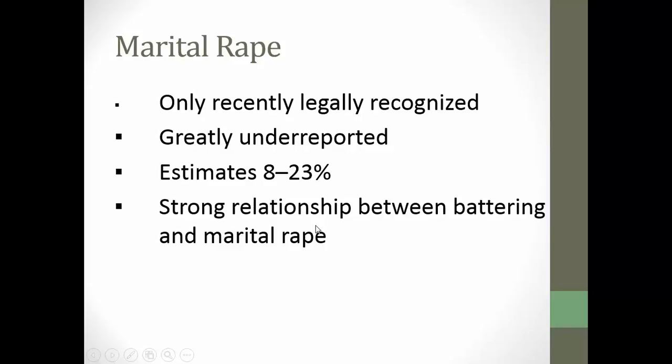Aside from date rape, if you think about marital rape: if date rape changed in terms of how we talked about it and thought about it in society in the 1980s, marital rape has changed only really recently. In fact, many states didn't change their law until the last 10, 15 years.